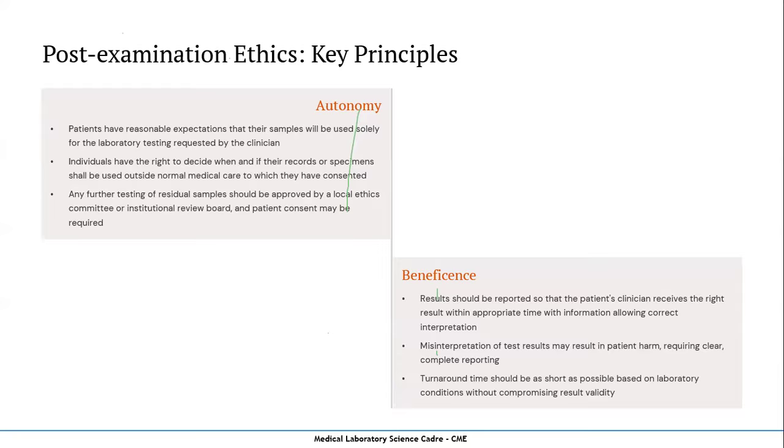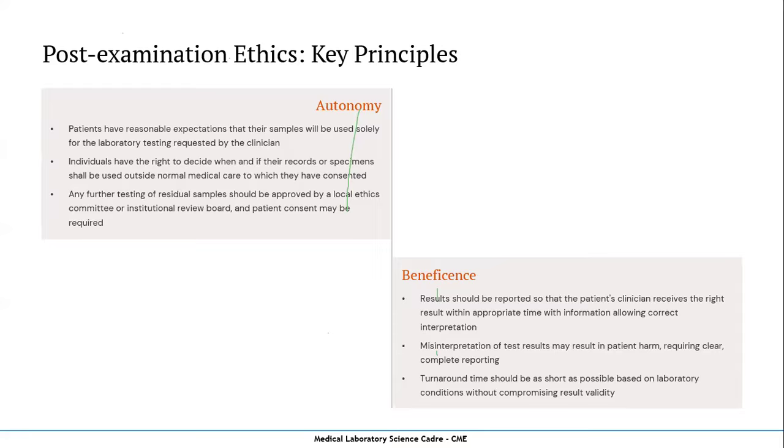Results should be reported so that patients and clinicians receive the right results within an appropriate time, with information allowing correct interpretation. Misinterpretation of the test results may result in patient harm, which is something that we are trying to avoid, which is why we require a clear and complete report system.